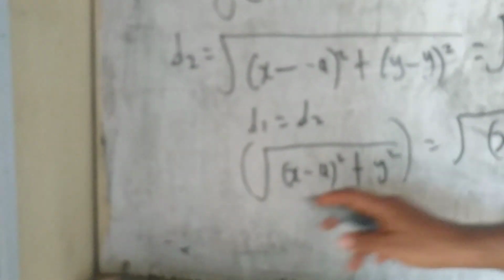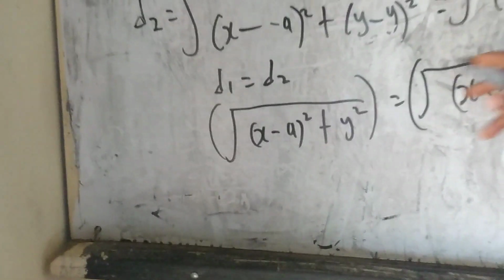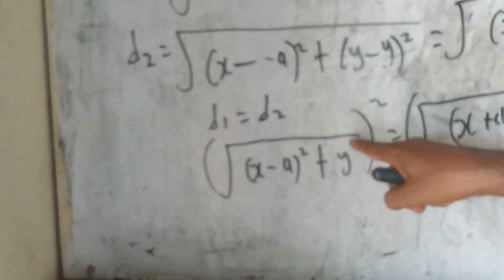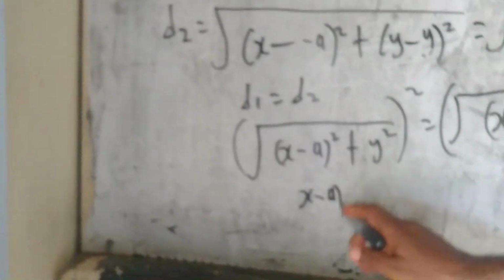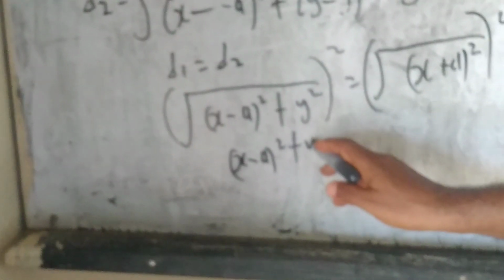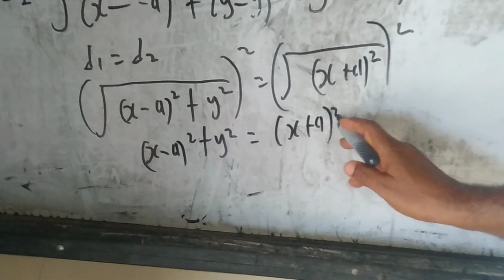To remove this square root sign, I can square both sides. When I square both sides, this square will cancel the square root sign, leaving this expression: (x minus a) squared plus y squared is equal to (x plus a) squared.